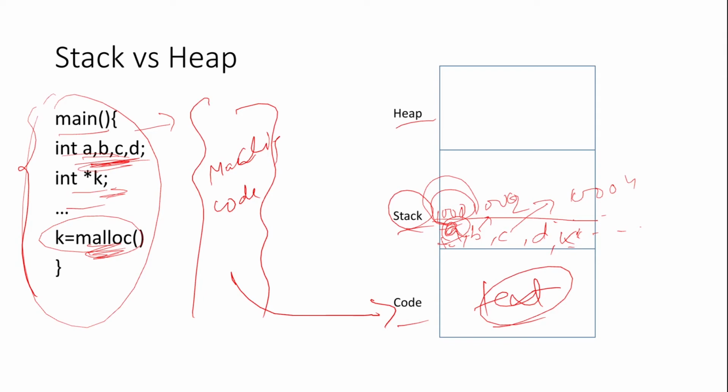However, in terms of heap, this is not the case. You cannot just directly access the heap how you did in the stack. For a heap you do it through a pointer. So, for example, let's suppose you have a pointer called k where some address is being stored about the heap.